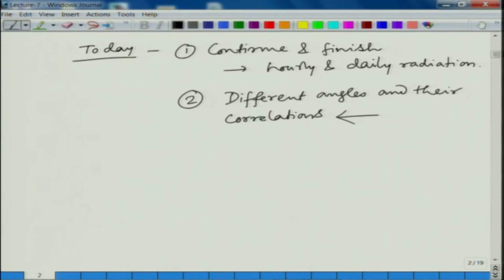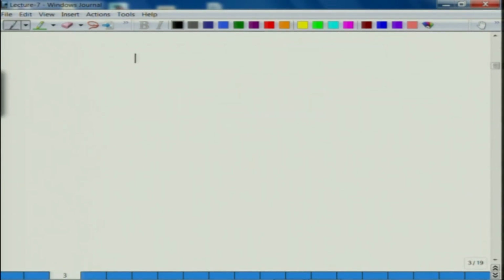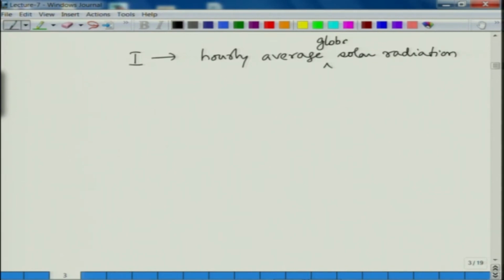So, let us start where we left. We said that I, this particular symbol, is used for hourly average solar radiation, and I should say global, which means both diffuse plus direct radiation, hourly average global solar radiation on a horizontal surface.